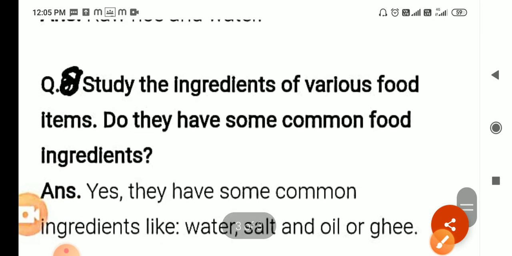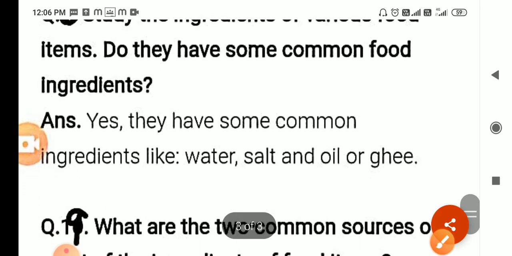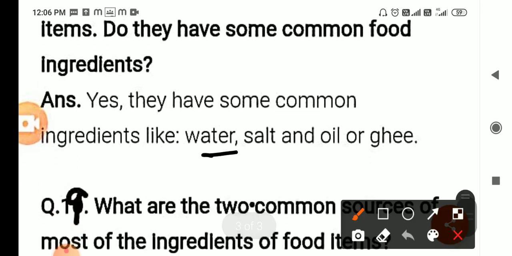Okay, study the ingredients of the various food items. Do they have some common food ingredients? Then yes, some common ingredients which we use in most of the dishes are, number one, water, then salt and oil or ghee.